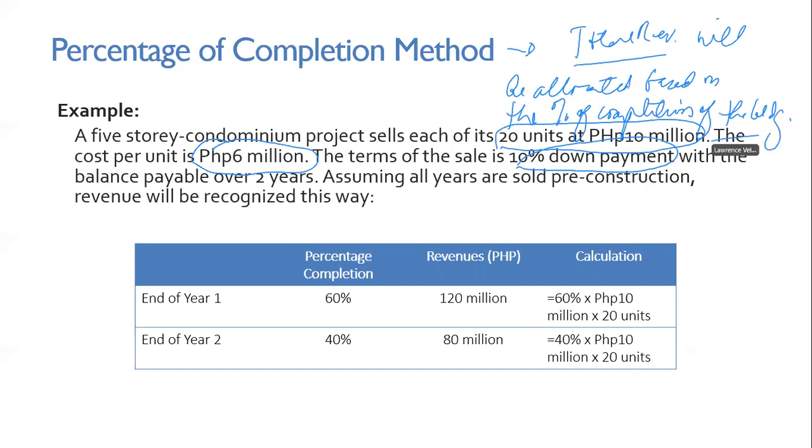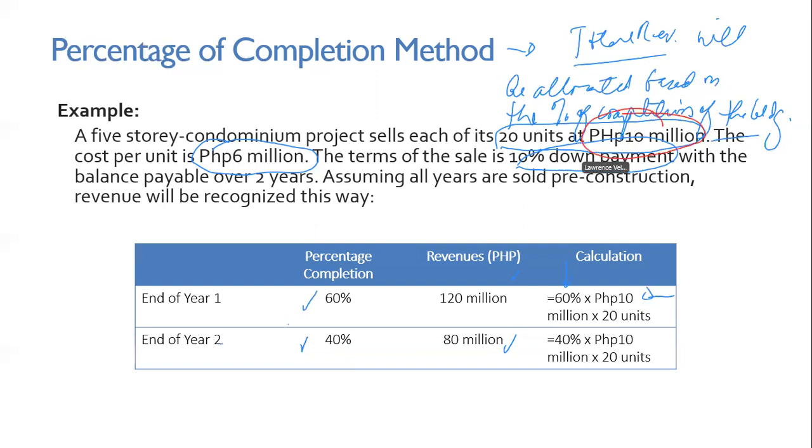Okay? So in this case, for example, at the end of first year, 60% complete na yung building. At the end of the second year, 40% complete na yung building. Then, revenues will be 120 million for year 1 and 80 million for year 2. So for year 1, that's 60%, the percentage of completion, times 10 million ang selling price per unit.